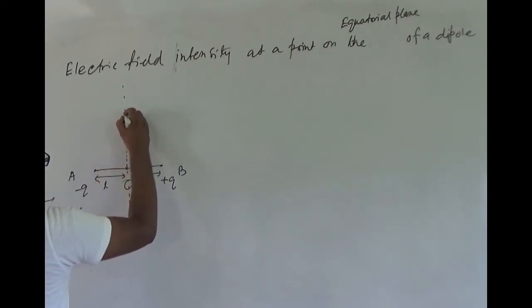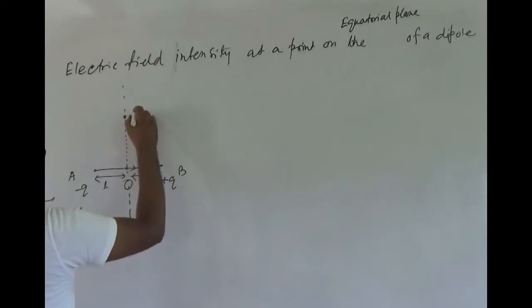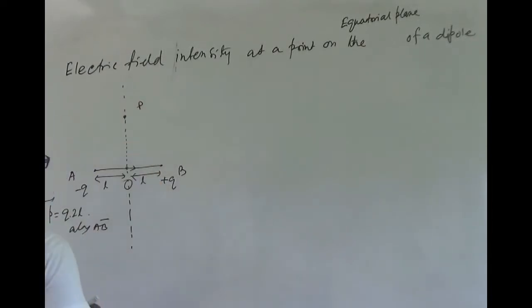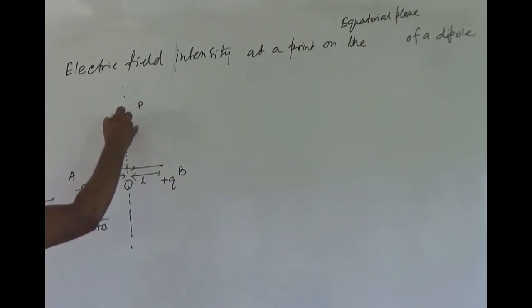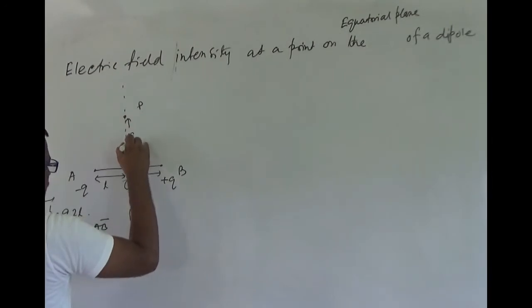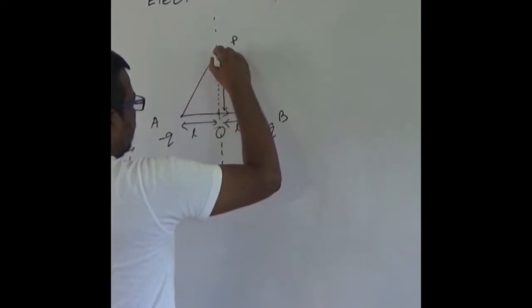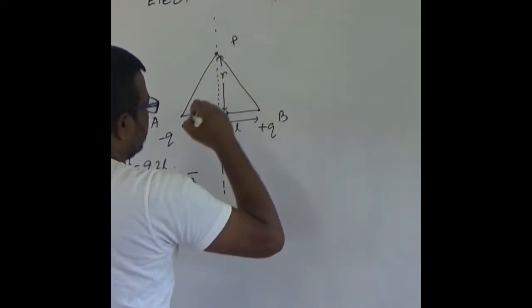We take the field point P, which is at a distance r from the center of the dipole. This is the field point, and this length is r. This is AP, this is BP.